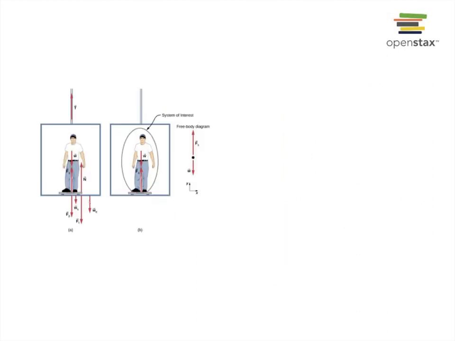Now let's look at the opposite case. If we let the elevator accelerate downward, we look at our forces in the y direction. Our forces haven't changed. We have the force of the scale minus the weight.